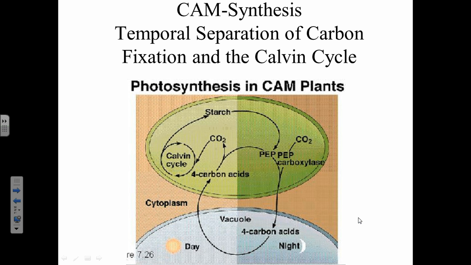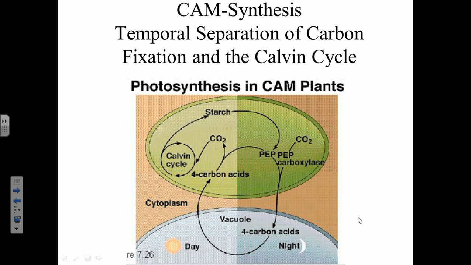They open their stomates at night. And all night long, they're breathing in carbon dioxide. PEP carboxylase is fixing that carbon dioxide and storing it as an acid, a 4-carbon acid, usually called malic acid. Storing carbon dioxide all they can, all night long, building it up.